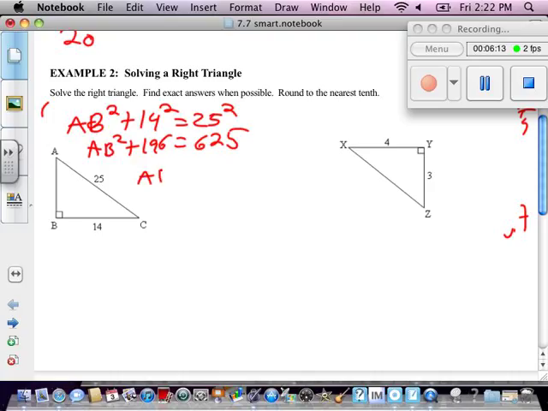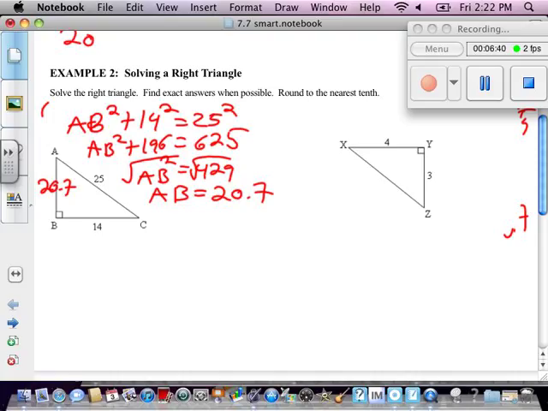So AB squared, I'm subtracting, equals 429. Square root both sides, and AB gives us approximately 20.7. The square root of 429 is approximately 20.7.